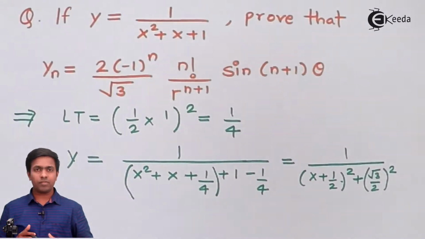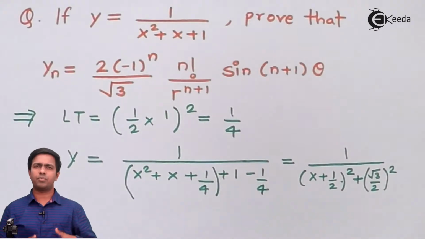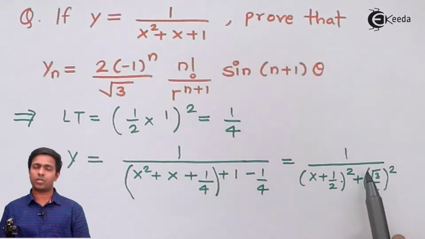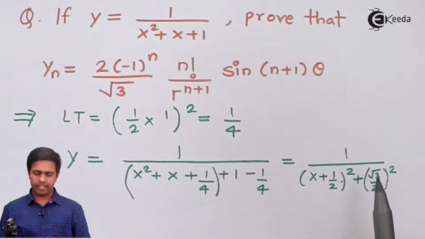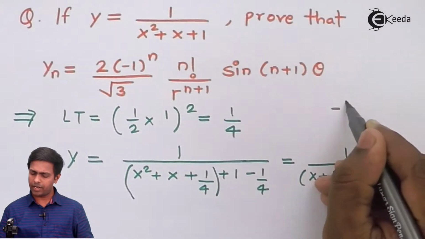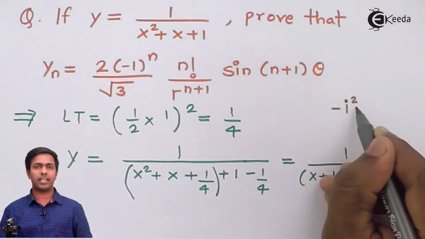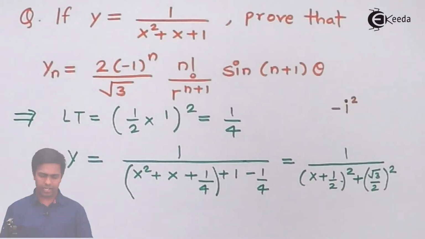So first of all, in place of x plus half, I can substitute some other variable, let's say some z or something like that. And here to get the factors, I will take the i square term so that I can make this sign as negative. So if I take middle sign as negative and I will multiply it with i square, so i square is minus 1 and minus will become plus. So that thing I can do here.